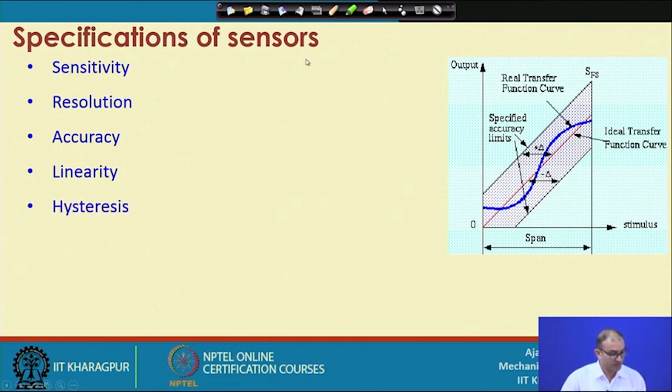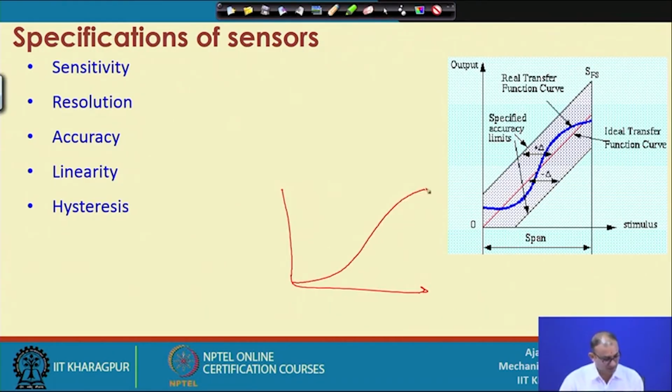Hysteresis is very important, because sometimes your input graph and output graph are different. Suppose it is going to the highest location, and then when it is returning, it does not return to the original position. So at one input location you get two outputs, one here and one here: this is the going and this is the coming back.